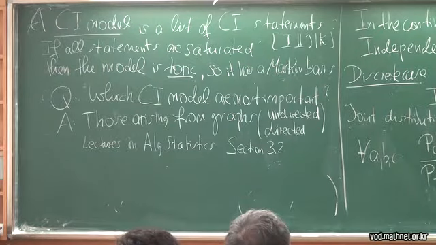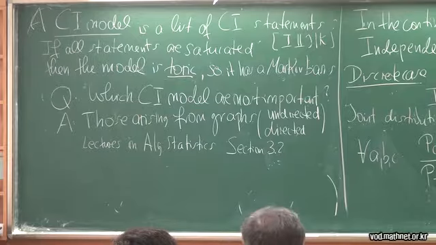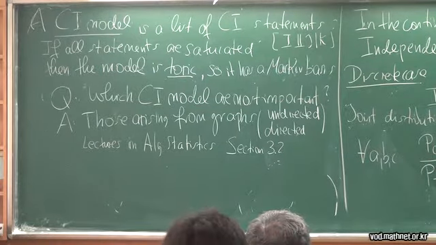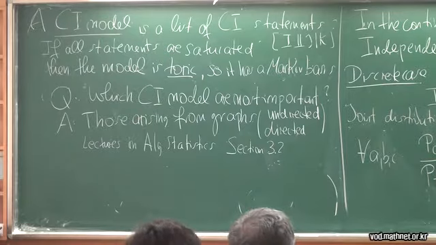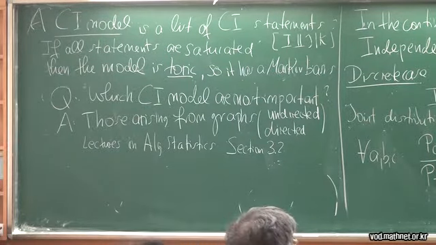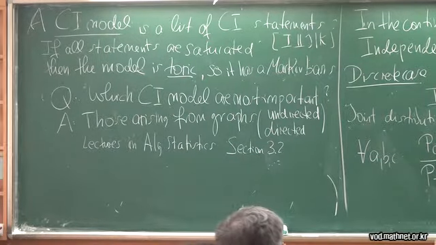Okay, so a conditional independence statement is a list of statements I independent of J given K, where I, J, K are pairwise disjoint subsets of the set 1, 2, 3 up to n. In the discrete case, this translates into a whole bunch of quadrics whose variety you can study if you're so inclined. Okay?